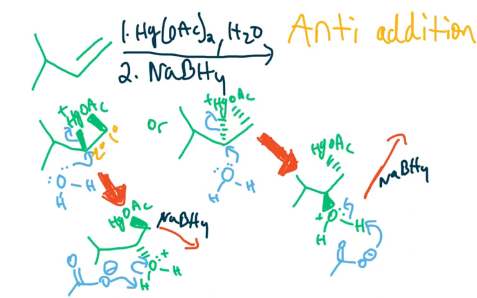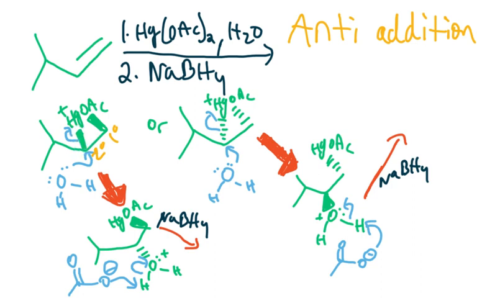Knowing those two options, when water comes and attacks, if this carbon is wedge bonded to this mercury acetate compound, you can't attack this from the top. Let's say in this case, wedge means top. Both these carbons are wedged to this mercury acetate compound. So if water is attacking this carbon, it can't attack from the top because the carbon already has something bonded to the top of it, because this is a wedge.